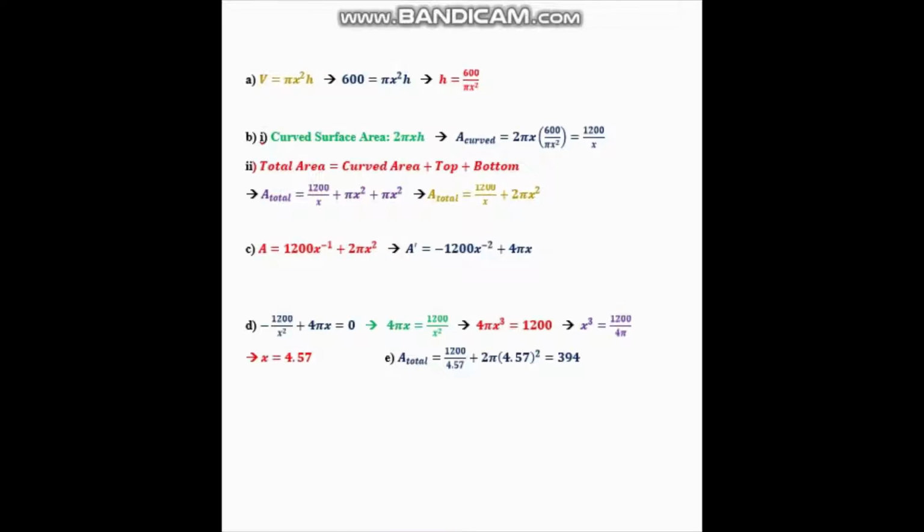Hence 600 shall equal pi x squared h, and if we want h to be alone, we just transfer the pi x squared to the denominator of the 600, and we get this red expression that is equivalent to the one provided in the question.